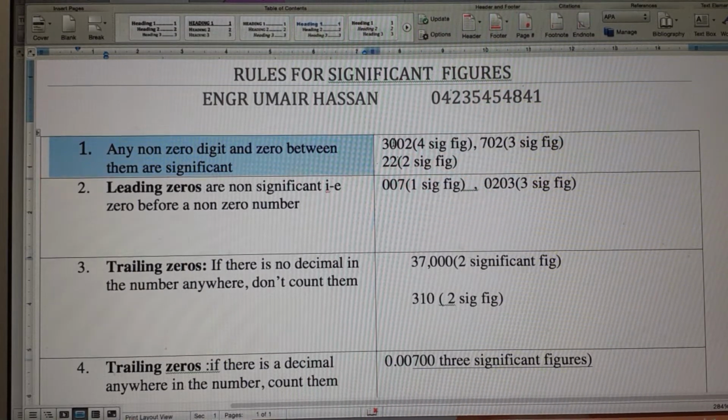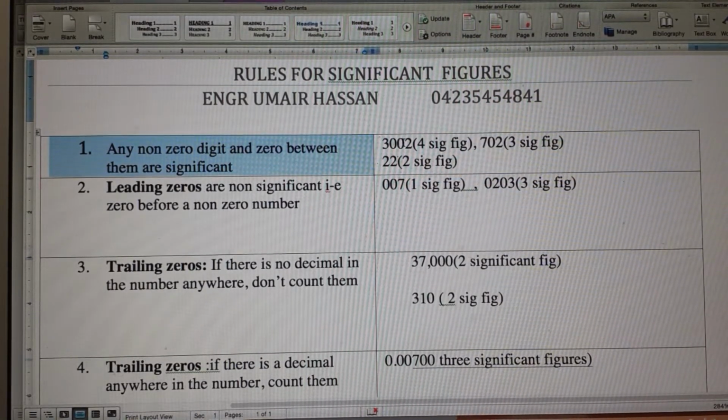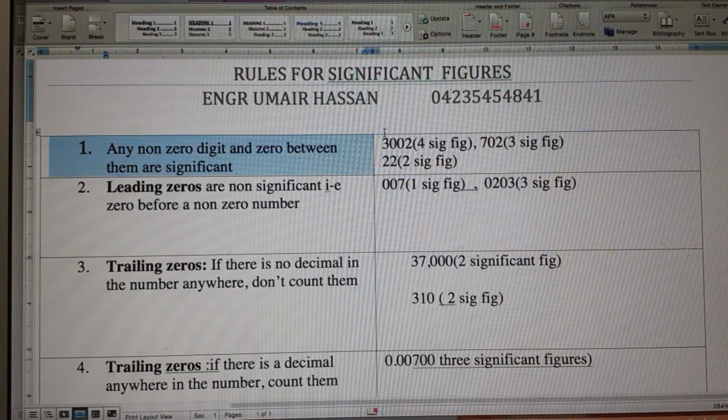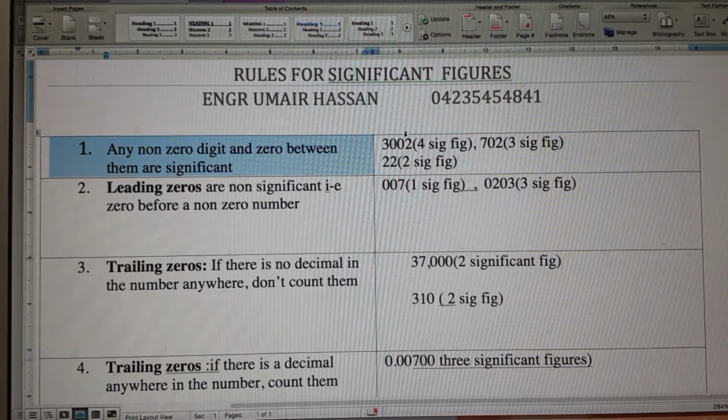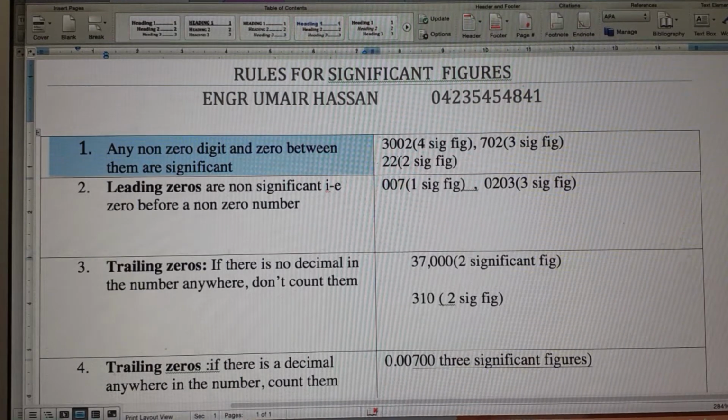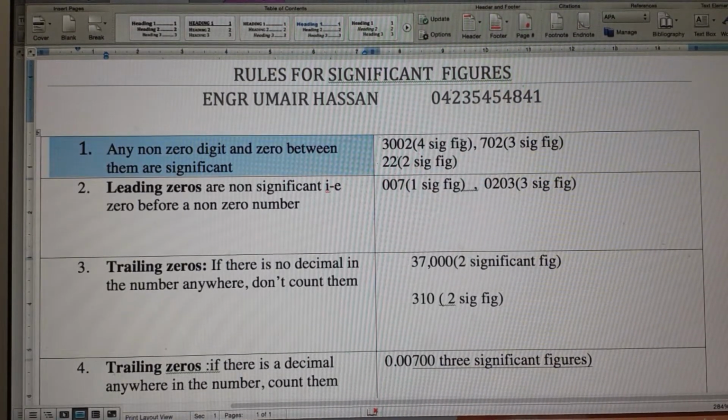Now, what about these two zeros? When zeros come between two non-zero numbers, 3 and 2, then the zeros are also considered significant. So in this number, we have four significant figures.